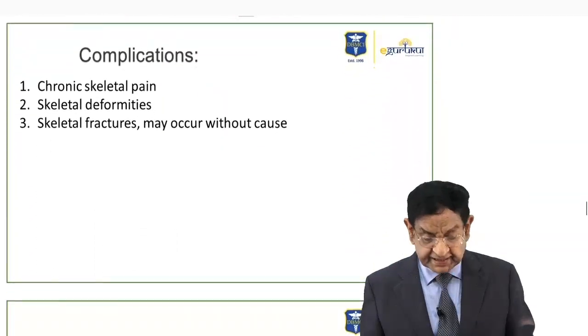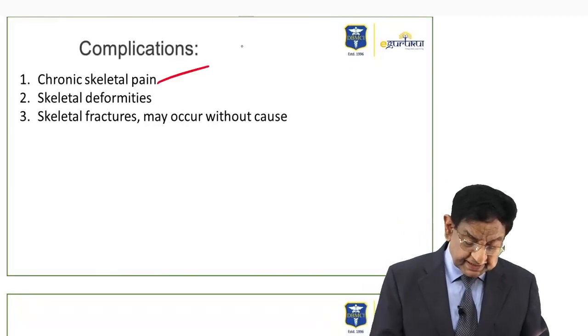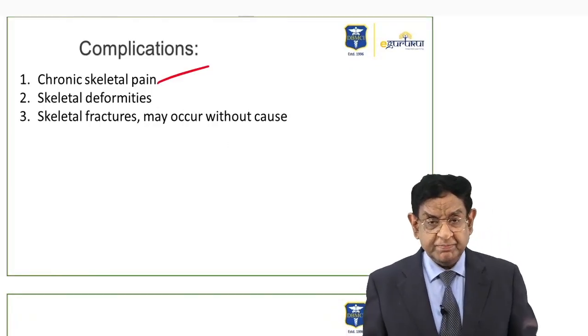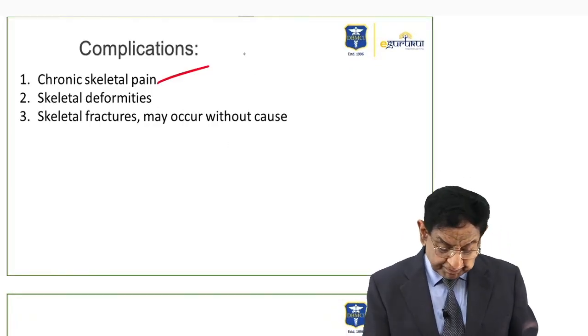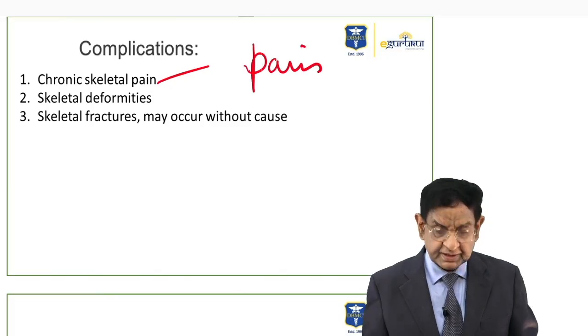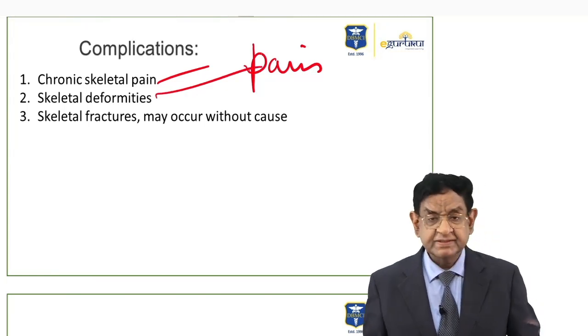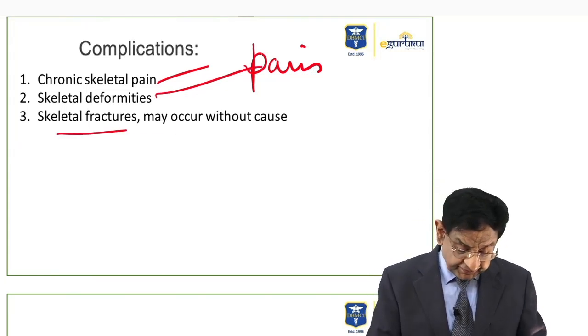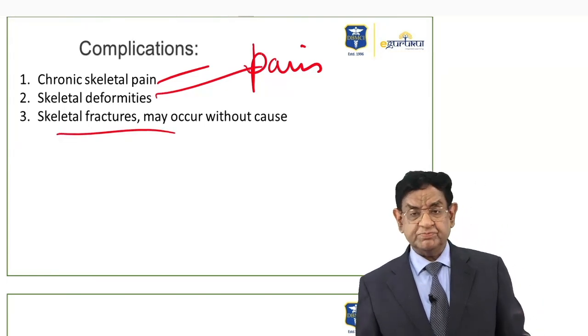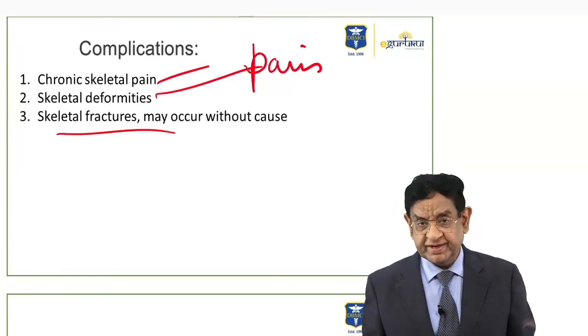What complications can occur in this? Chronic skeletal pain. You remember in rickets there are bony pains, with skeletal deformity, and finally fractures can occur without any cause because the bones are very weak.